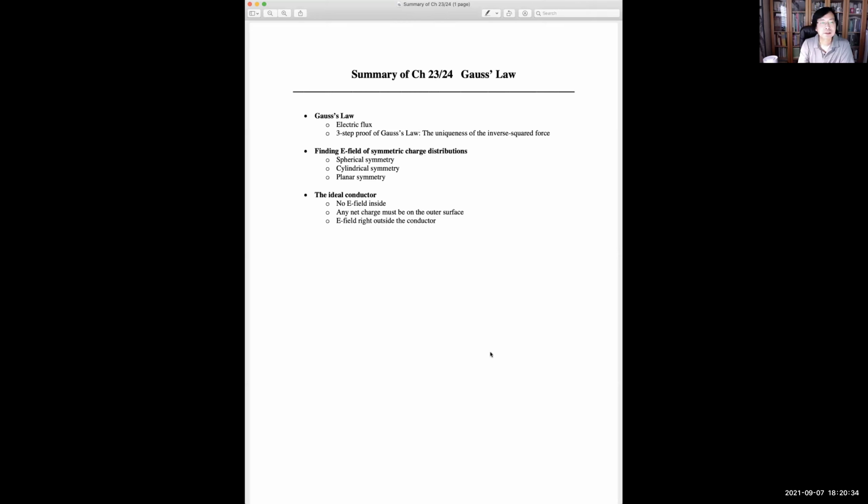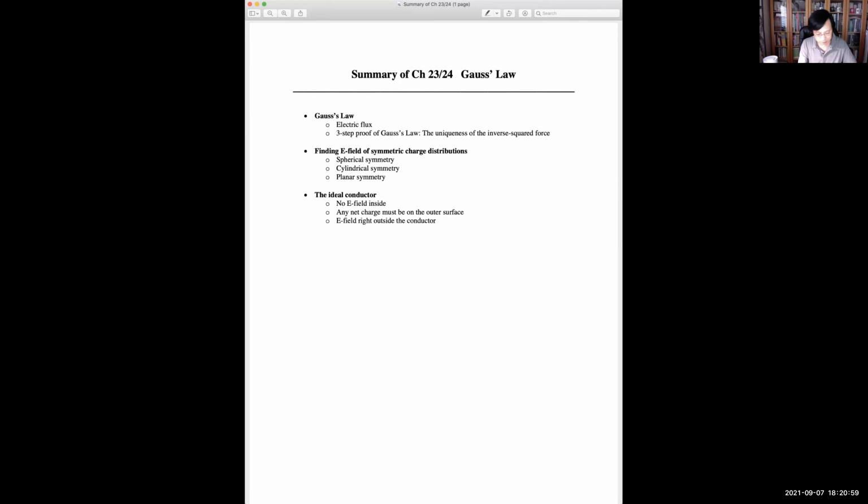I'm going to share my screen with you for the summary. Here's a half-page summary of chapter 23/24, Gauss's law. You already know by now, I made some advertisement about this chapter just to get you interested, and I said that you can rewrite Coulomb's law in a new form to highlight the uniqueness of the inverse square nature of the force.